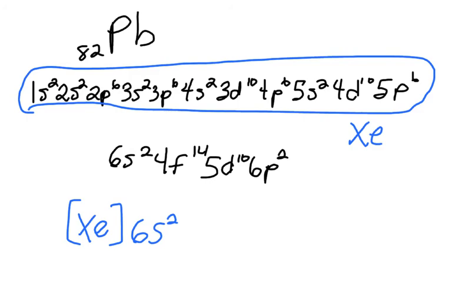After xenon is where we've got lead's 5d10, 6p2. So that's a heck of a lot less to write. Well, how do you figure out what noble gas to use, and how do you figure out what's left after it? It's actually pretty easy.